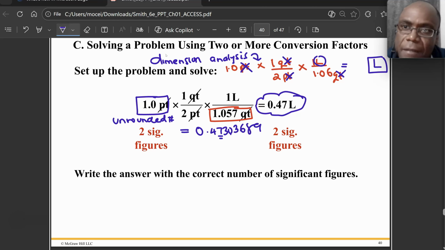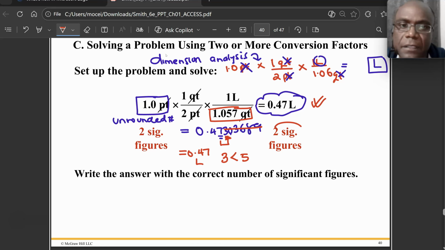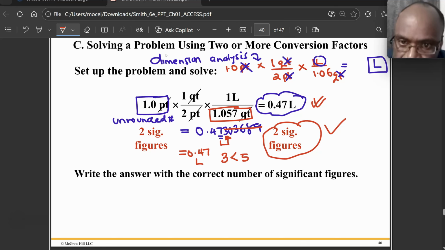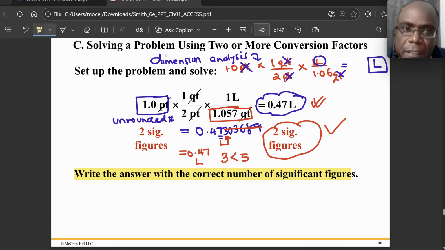I look at the first number after that, which is a 3, and I know that 3 is less than 5. So I'll drop all those, and the answer turns out to be 0.47 liters, which is what we found here. That's how it turns out to be two significant figures. We always want to write the answer with the correct significant figures.